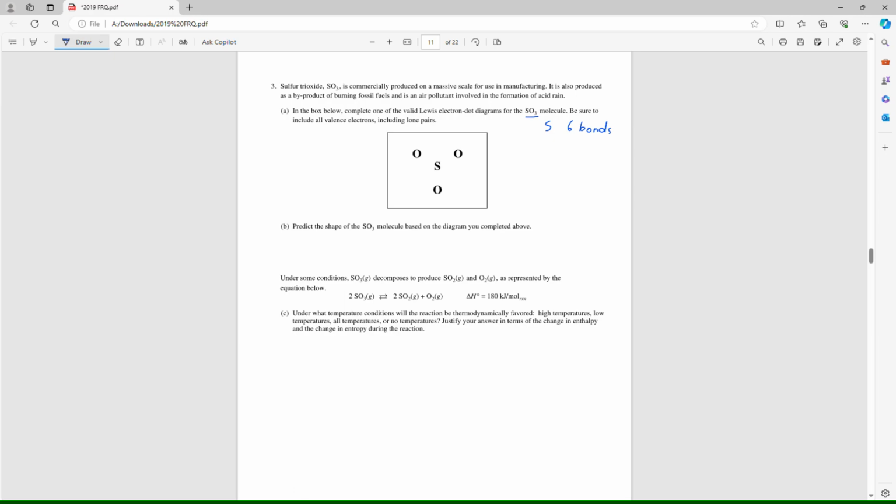SO3, S and O both have 6 valence electrons. 6 times 4 is 24 valence electrons. So we just need to do a Lewis structure that gives each of these guys at least 2 bonds and has 24 valence electrons. And there's a number of combinations that work for this.